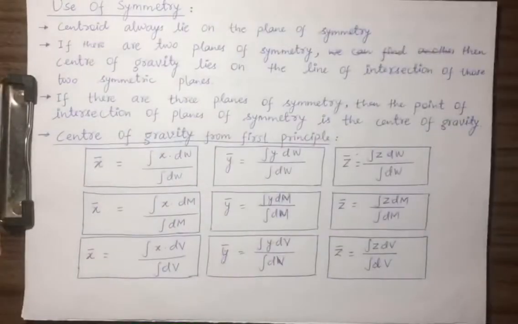So let us now see how we are going to use symmetry for calculation of the centroid or center of gravity. Centroid and center of gravity are the same thing if the body is homogeneous.